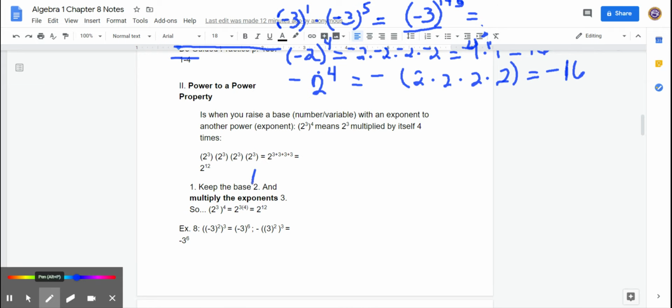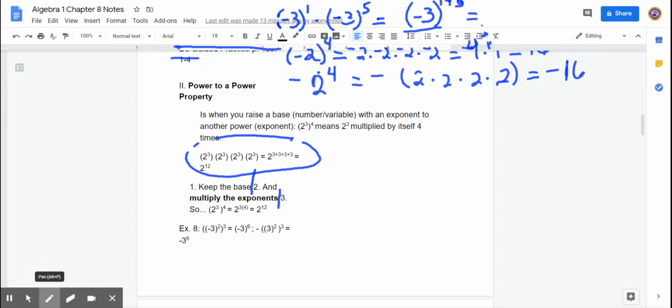Again, this is step 2, should be underneath, and multiply the exponents. And then step 3 gives you your answer. Okay, keep the base, multiply the exponents. So a power to a power, we're multiplying the exponents. When we're simply multiplying like bases, we add the exponents. All right, so instead of having to do all of this work that we did up here, all we have to do is multiply 3 times 4 and get 12.